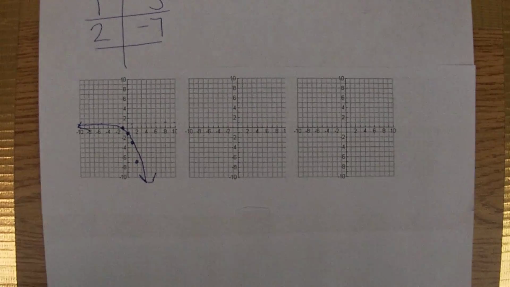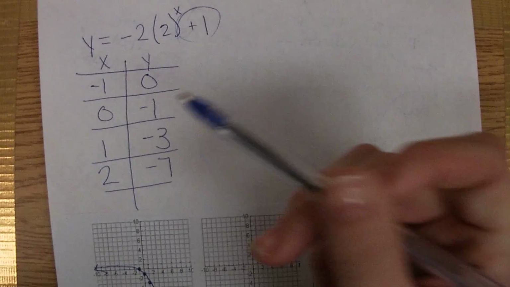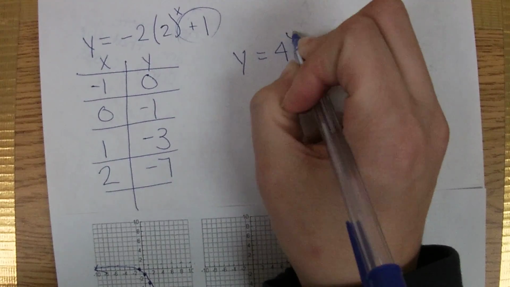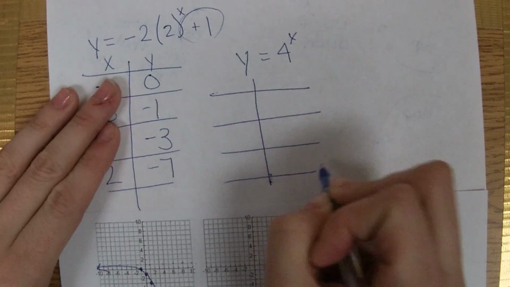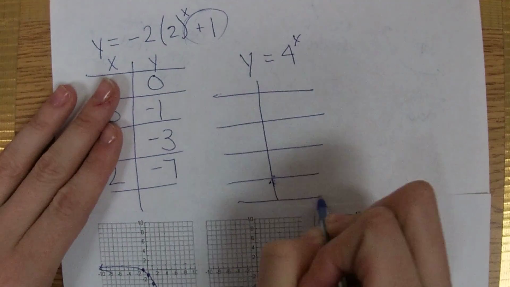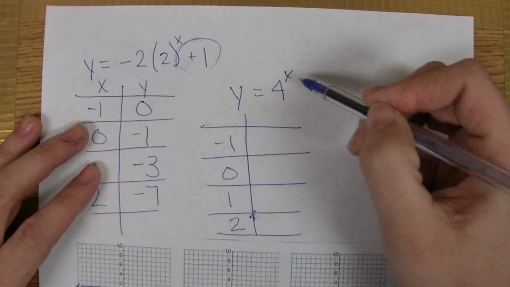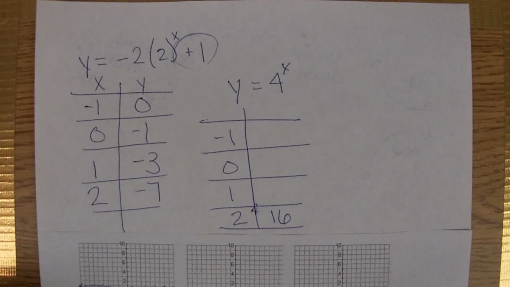Okay. So just be prepared as you go through your worksheet. You might have to make bigger or smaller numbers. Like let's say we wanted to do something like y equals 4 to the x power. And we start plugging in -1, 0, 1, 2. As soon as we plug this 2 in, we get out 16, which is way too big.